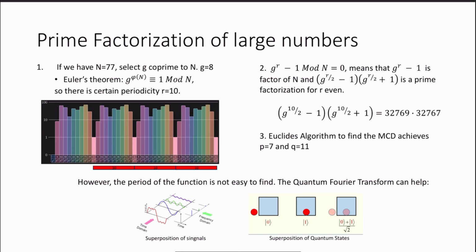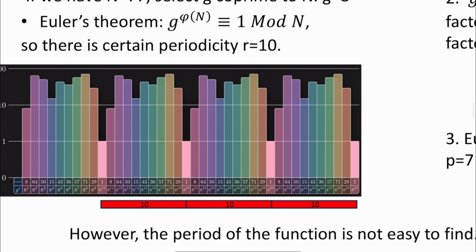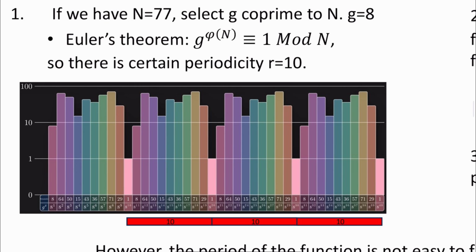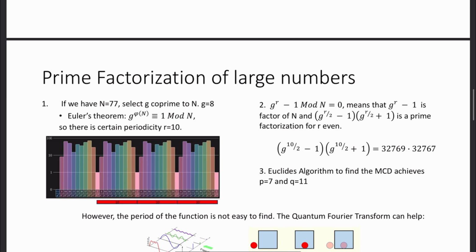And this is going to be helpful because then we can see that there is certain periodicity in the values of the modulo. So if we have 1 when r equals 10, this value is going to be repeated over time for different values, and that's the period of the signal.